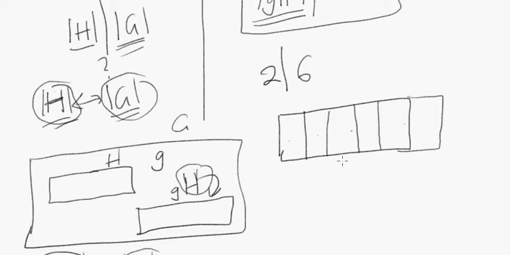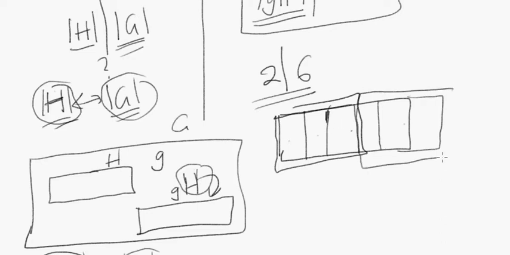If we have 6 blocks, and we say that 2 divides 6, we're saying that we could split them up into 2 collections of 3 blocks: this collection of 3 blocks, and then this collection of 3 blocks. If you put those two collections together, we end up with 6.